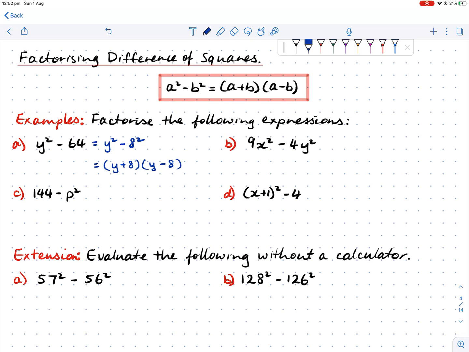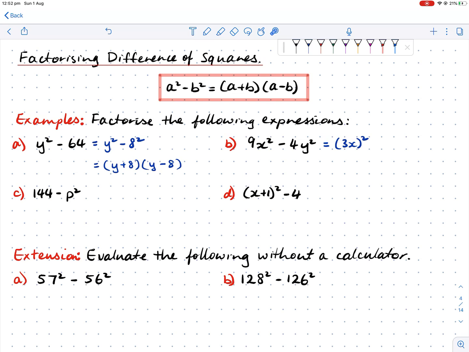When we look at question B, I've got 9x squared and 4y squared. The first thing I need to do is write each as one item, all squared. If I look at 9x squared, I know 9 is 3 squared, so I could write that as 3x all squared. So we're going backwards in our index laws.